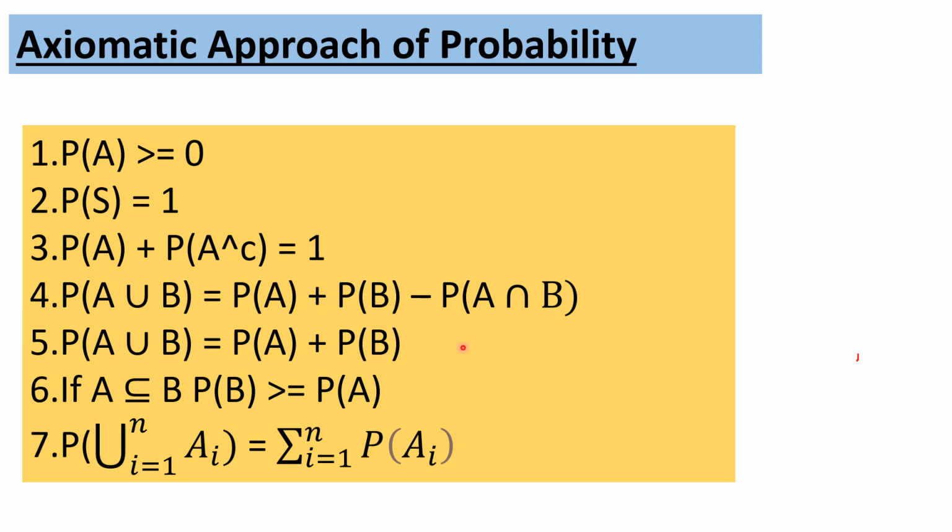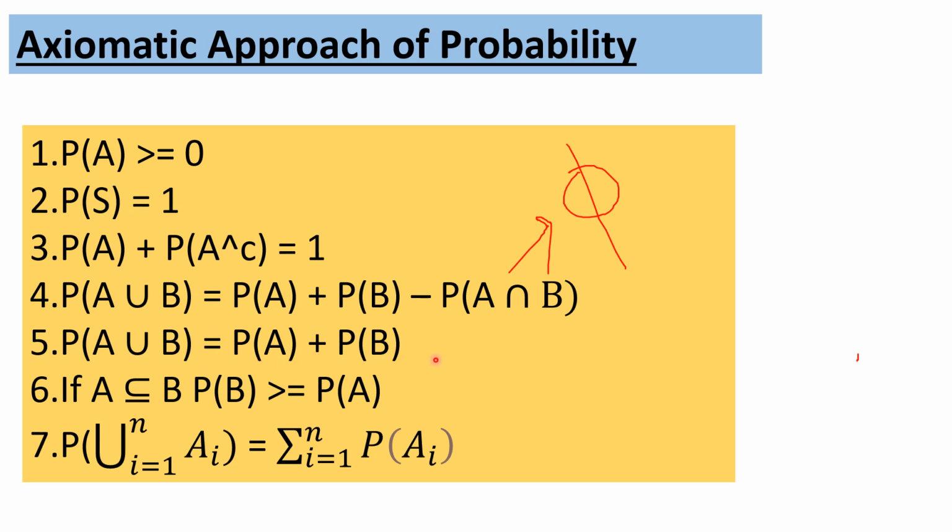If there are no common points, intersection points అనేటివి లేవు, A and B are independent events. అంటే A is independent of B and B is independent of A, which is nothing but the intersection element is equal to 0. These intersection elements, when A and B are independent, the intersection will become 0. So that's why the formula becomes probability of A union B is equal to probability of A plus probability of B.